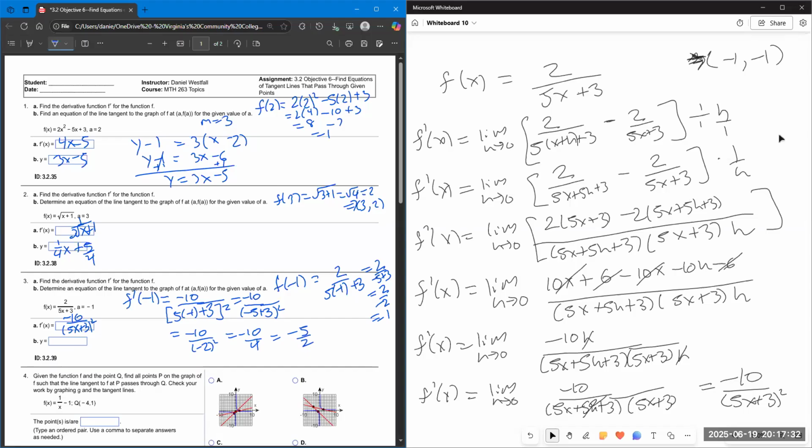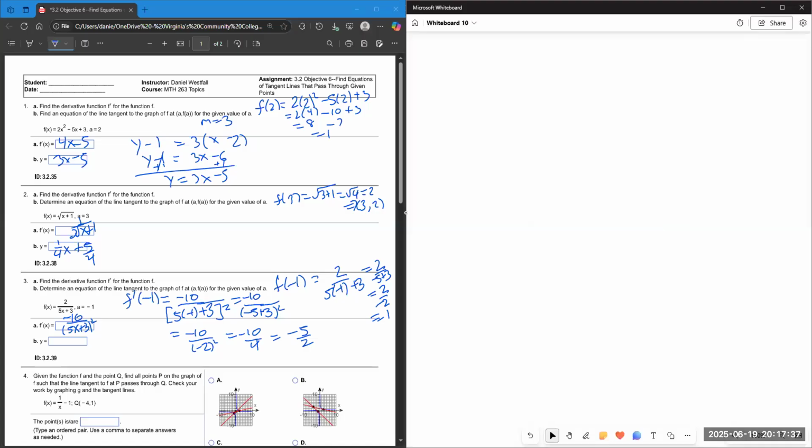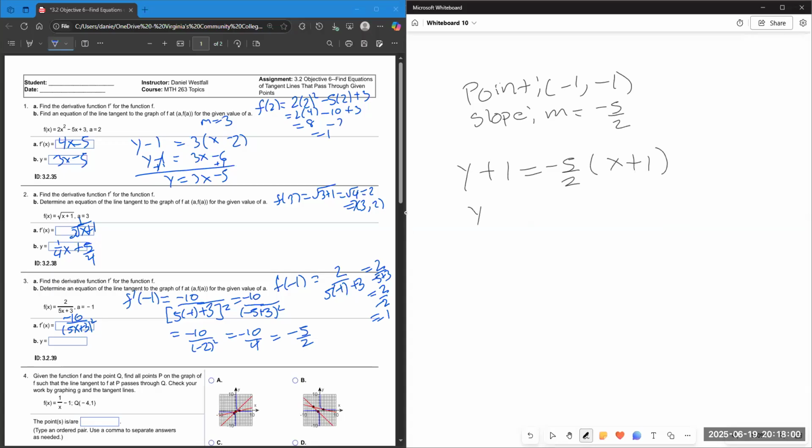I'm going to clear the whiteboard so that I can come back and find my point-slope form of my tangent line now that I have my point and my slope. So I have the point negative 1, negative 1. My slope that I just found, m equals negative 5 halves. So y minus y1 is m times x minus x1. y plus 1 equals negative 5 halves x minus 5 halves.